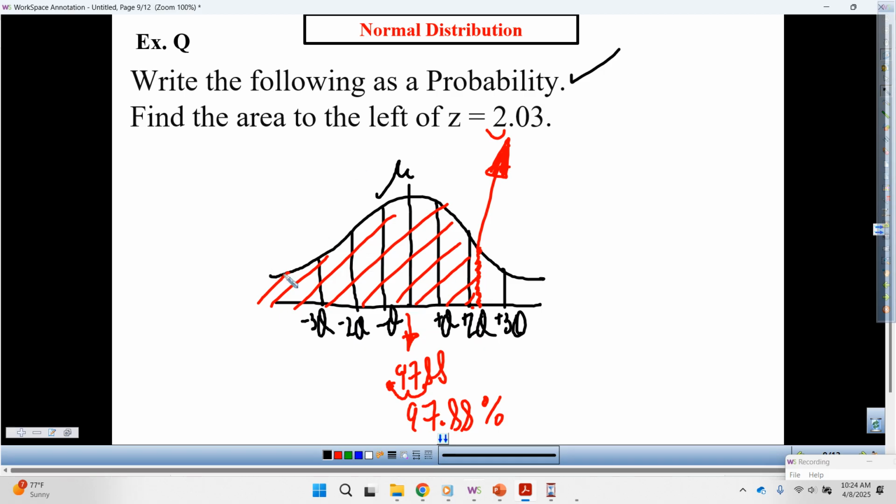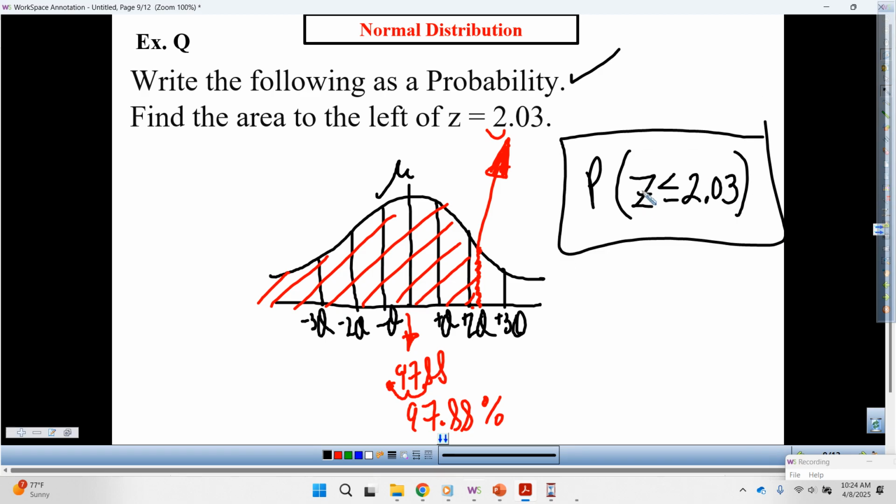What would be the probability that Maximus would fall in that area to the left of Z? How do we write that in symbols? It would be like this. The probability of somebody falling within the area to the left of Z is less than or equal to 2.03.